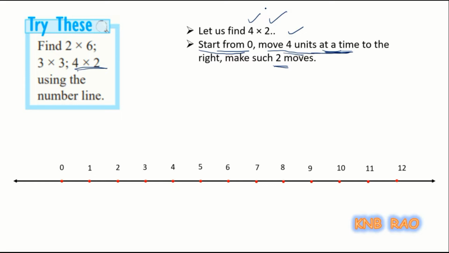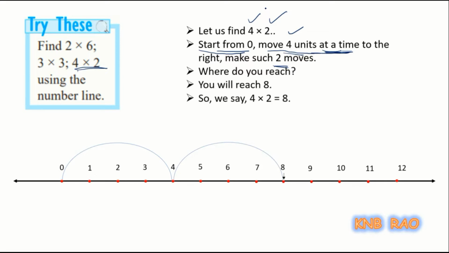So starting from 0 with the 4 units as one leap, I'll reach 0 to 4, and second leap 4 to 8, we will reach 8. So students, the answer to the 4 into 2 will be 8. This 8 is called the product.